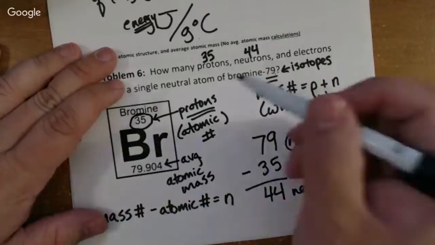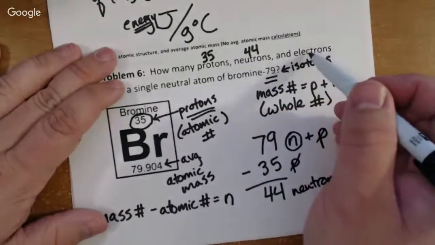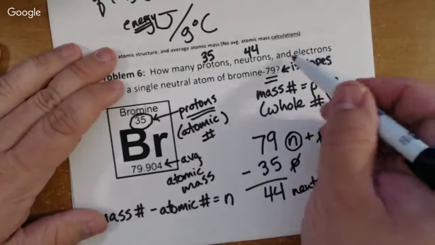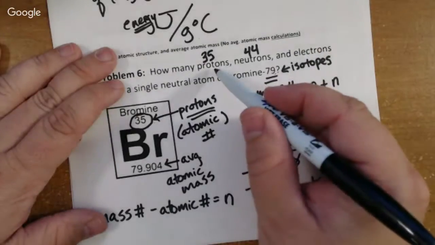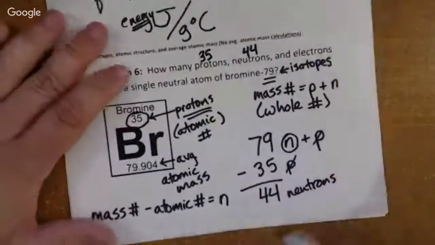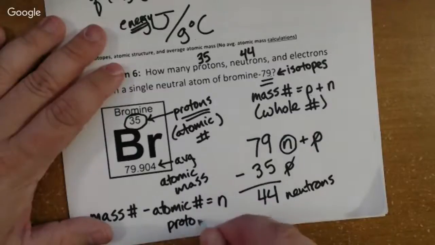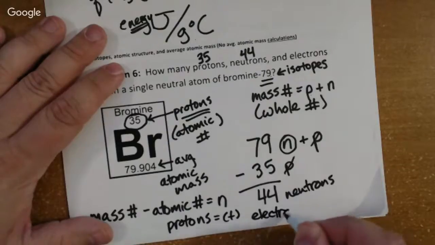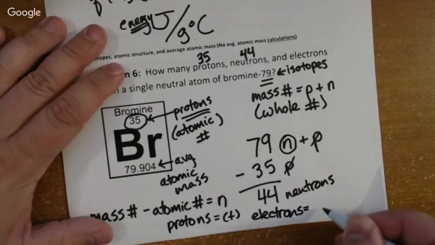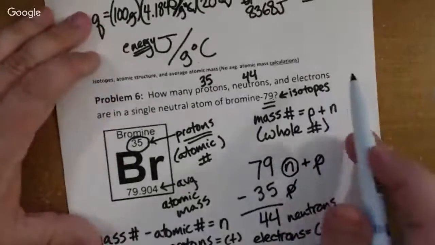Okay, so we got protons, we've got neutrons, last up is electrons. So electrons over here, we can figure out based on our number of protons. Think about this in terms of protons are positive and electrons are negative. And let's see, there's a key word in the problem.